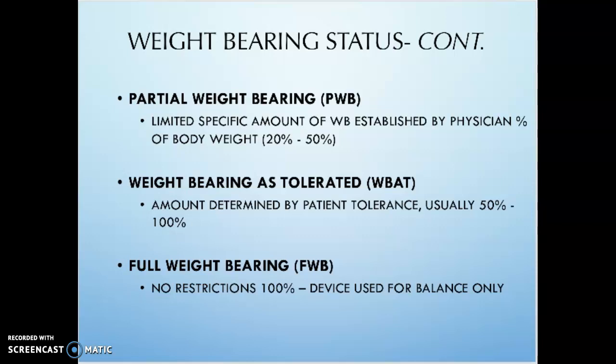Again, just to reiterate, typically speaking, physical therapists do not change a weight bearing status that comes from physician orders. That being said, very often physical therapists will make recommendations and provide feedback in terms of how the patient is progressing, which information may be used to adjust the weight bearing status.